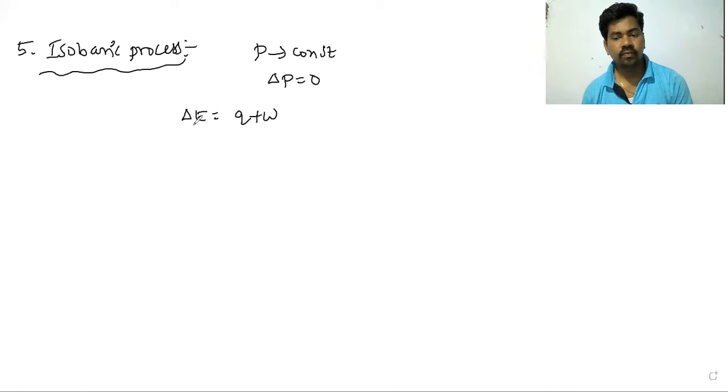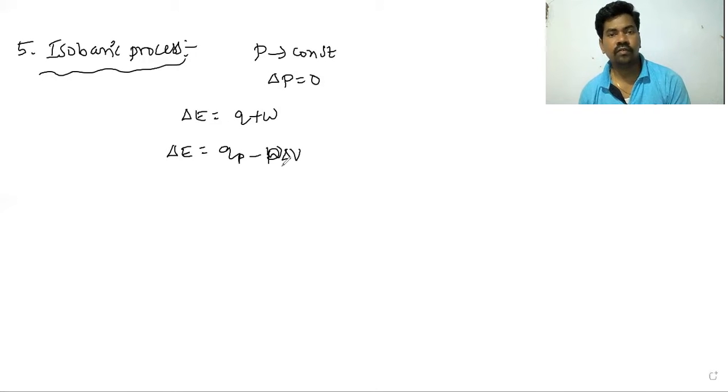It is Q plus W. So delta E is equal to QP minus P into delta V, because W is equal to minus P external into delta V.